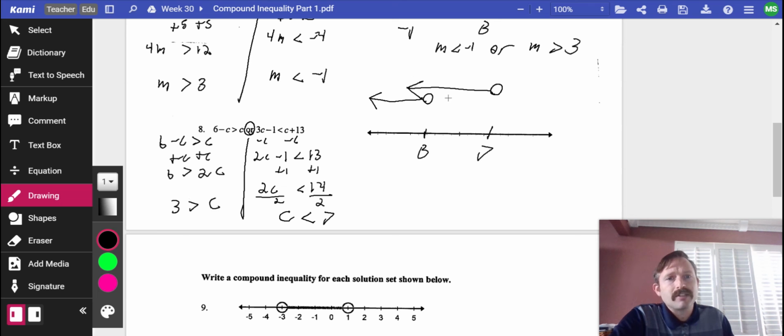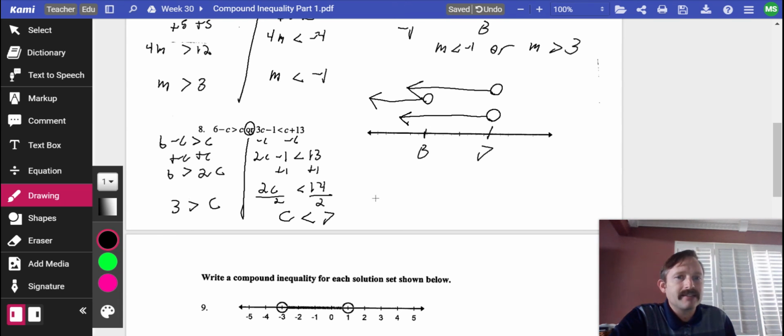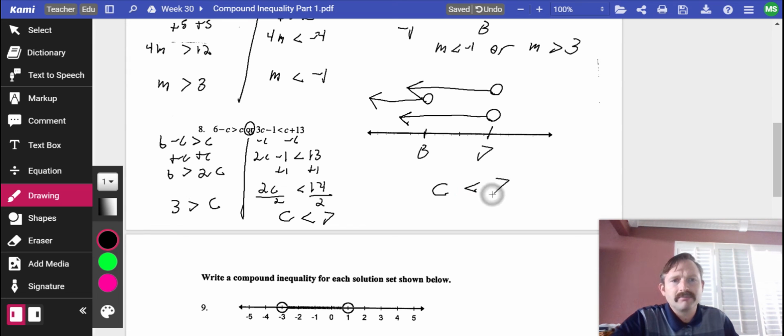Since this covers everything here, I could take off this first part, and I know that I only have to draw the following. Now 3 is included, because although it's not included here, 3 is less than 7. So my solution for this one is going to be any number smaller than 7.